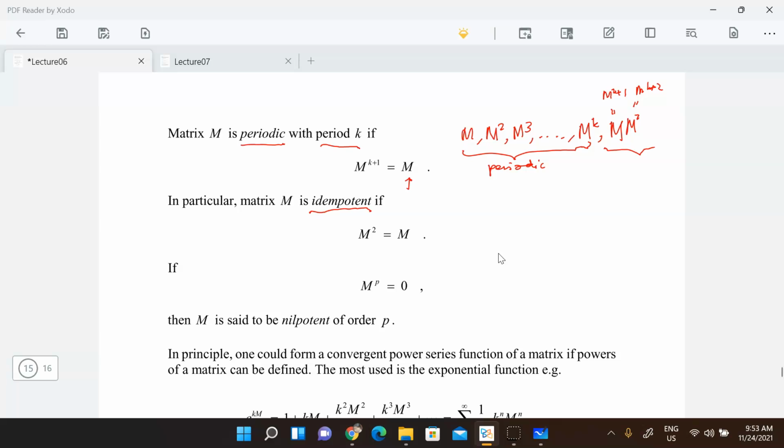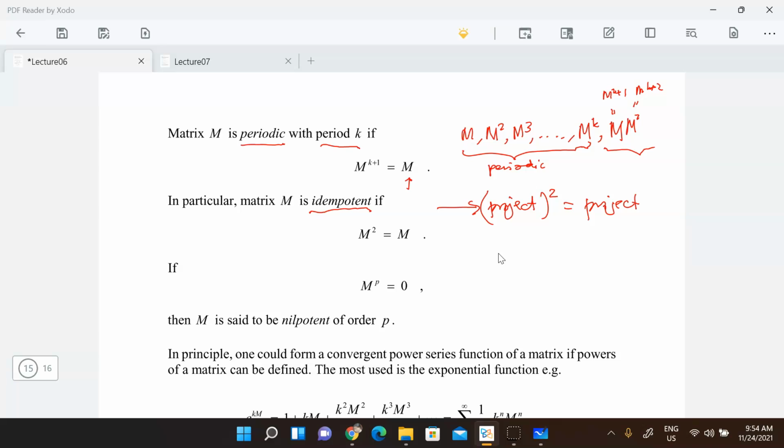One of the things that you'll see later on is the idea of projection. You project onto some particular direction. When you project it twice, you project the square, this is just the same as the projection the first time.